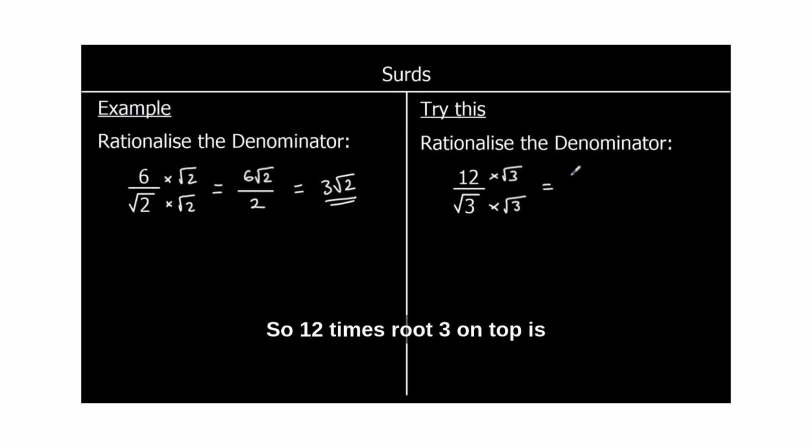So 12 times root 3 on top is 12 root 3, and root 3 times root 3 on the bottom is just 3. So I've rationalised the denominator. I can also simplify this further. 12 root 3's divided by 3, that's 4 root 3's.